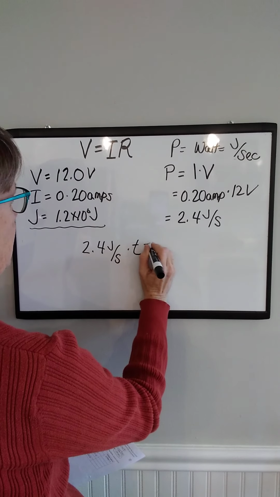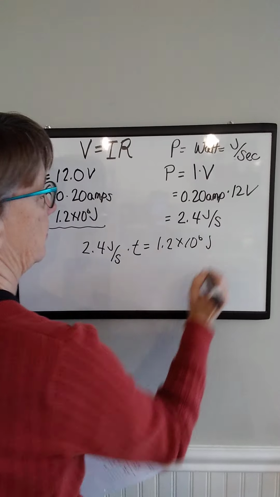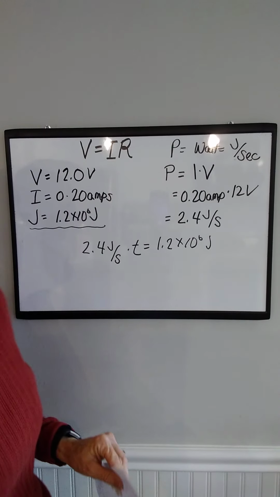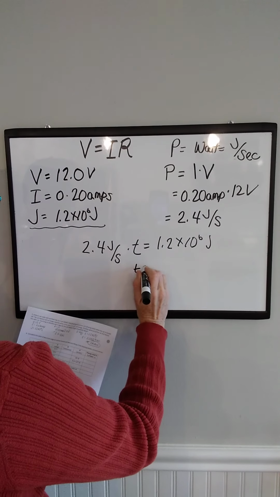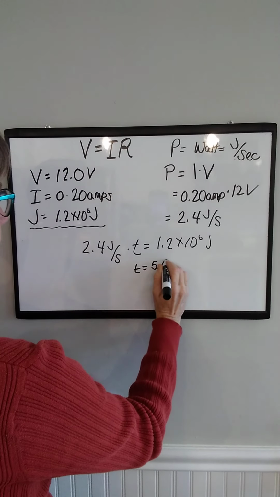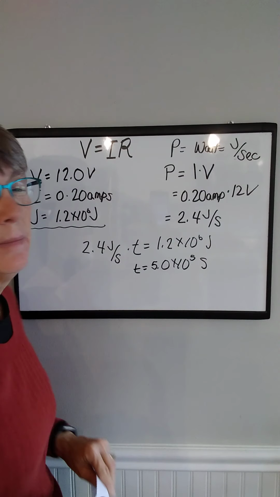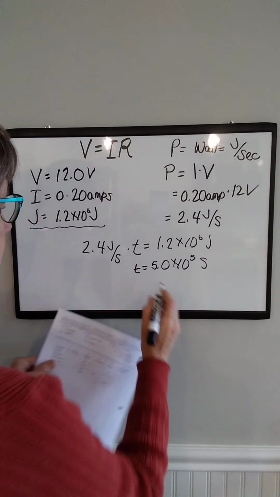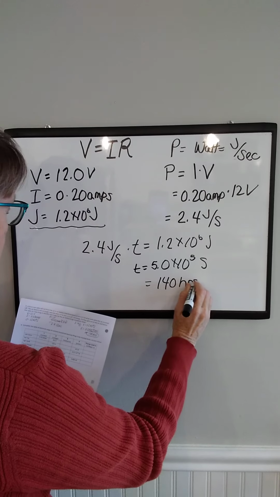We'll solve for t. Do the math on your calculator. Okay, 5 times 10 to the 5th seconds. Convert that to hours. 140 hours.